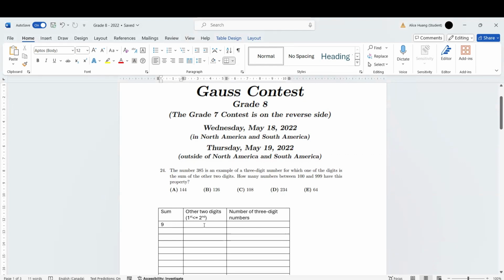Because once we get the two digits, we can consider how many possible arrangements of these three numbers there are to get the three-digit numbers. So first, we can say it's a 0 and then 9.